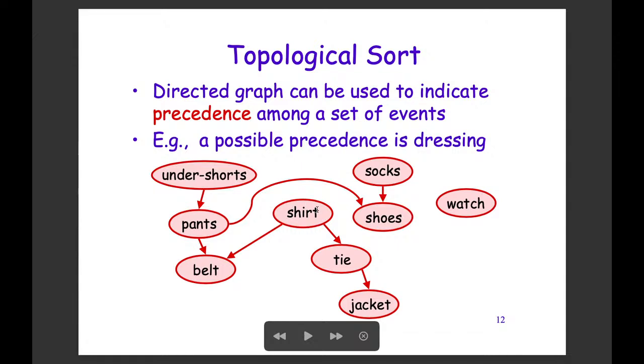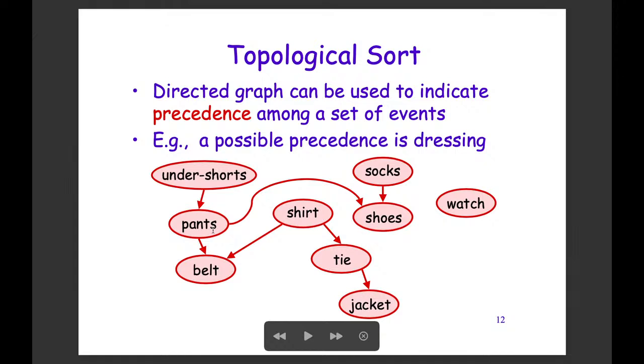So in that sense, what we are trying to do here is arrange the nodes from left to right so that all the arrows are pointing from left to right. So we want to list the nodes one by one from left to right so that all the arrows point from some node on the left to some node on the right. You don't have a backward arrow, okay?